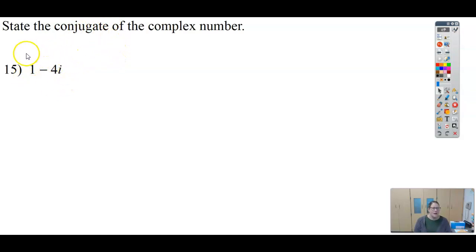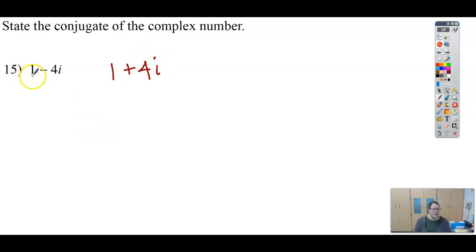So every complex number has a conjugate pair. And the way that a conjugate pair works is that the sign that comes between the real part and the imaginary part simply changes to the opposite.